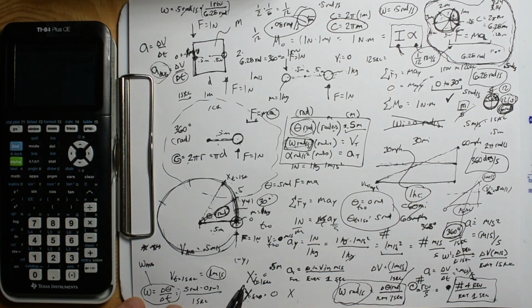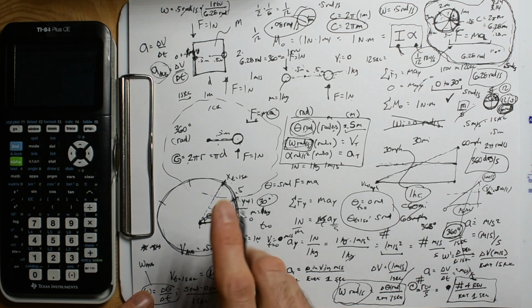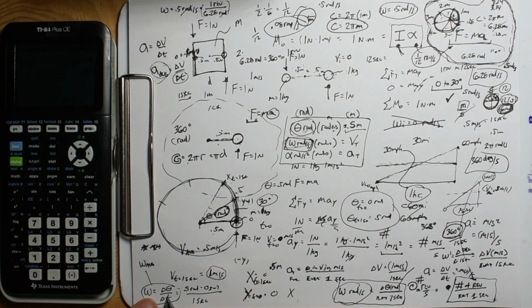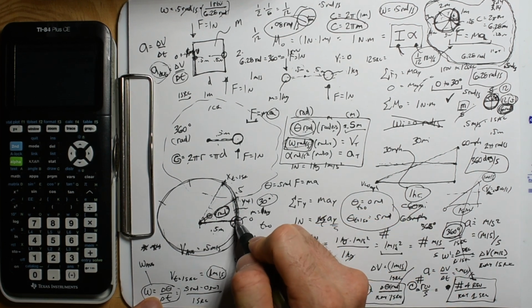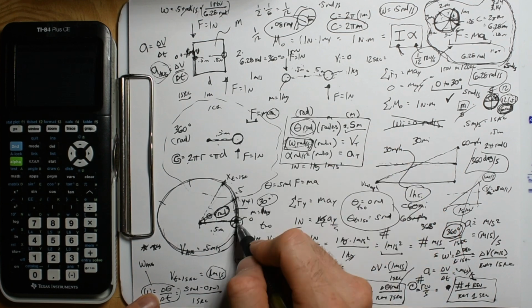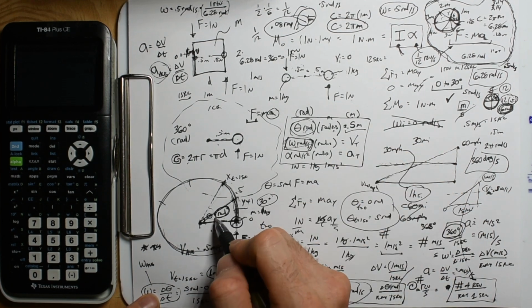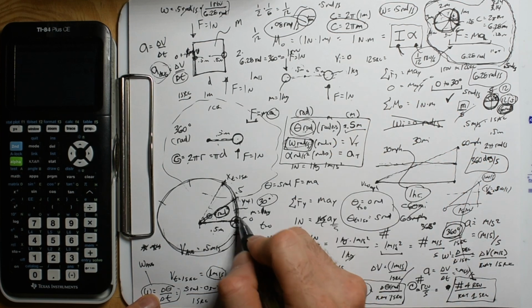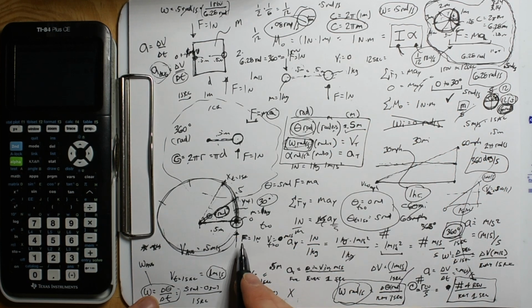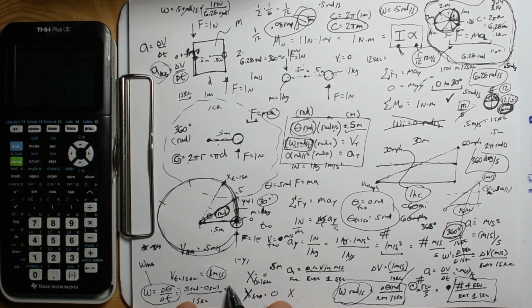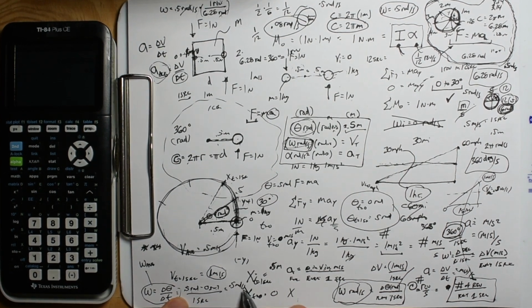Okay, because now we know that the average velocity is going to be, well, our change in radians. So change in that angle, we went from 0 to 0.5, an angle of 0.5 radians. And so it looks like our omega is 0.5 radians per second.